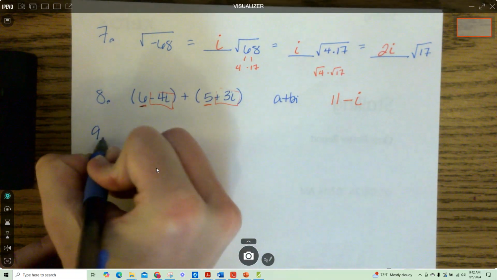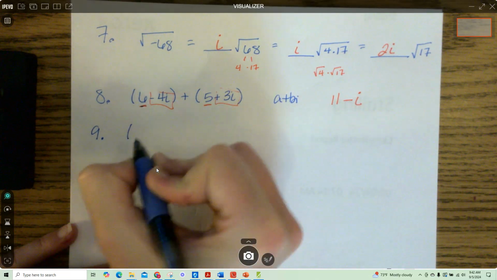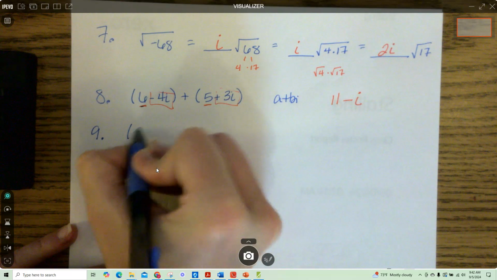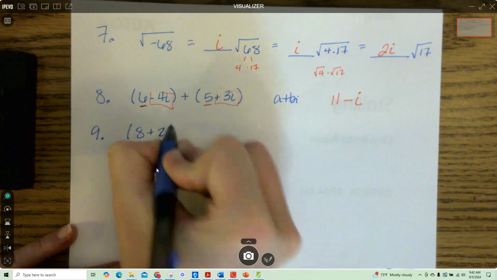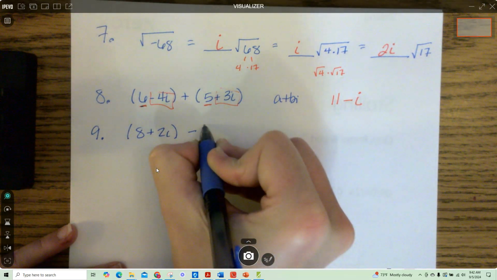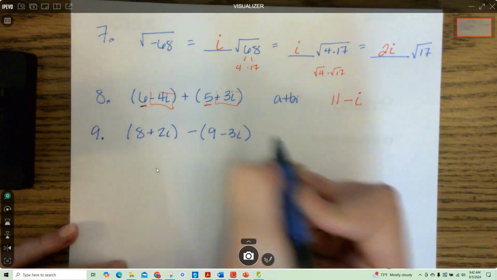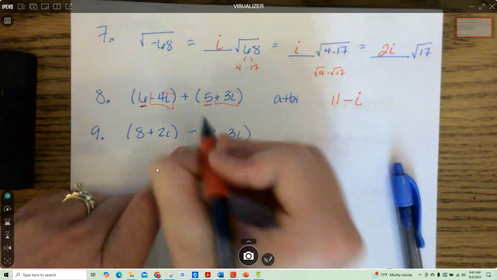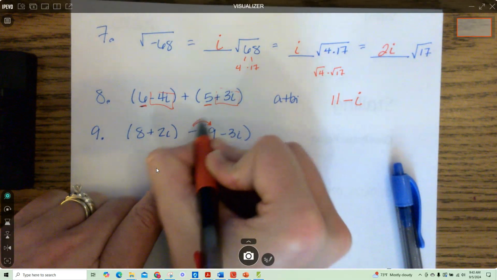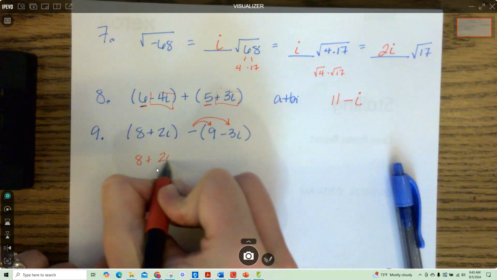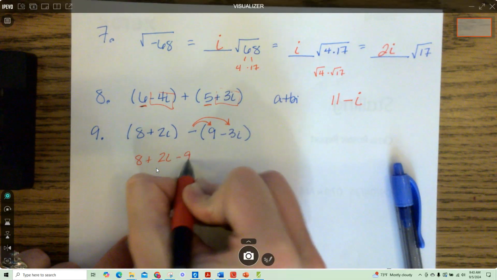Okay, so Peyton, what's yours? Number 9. Both parentheses 8 plus 2i close parentheses, minus, both parentheses 9 minus 3i close. Okay, so what's different here is the subtraction. This gets distributed. So you have 8 plus 2i. That makes that a negative 9.